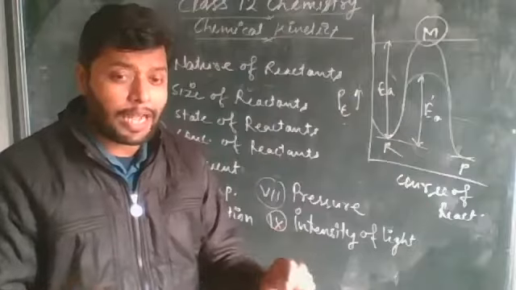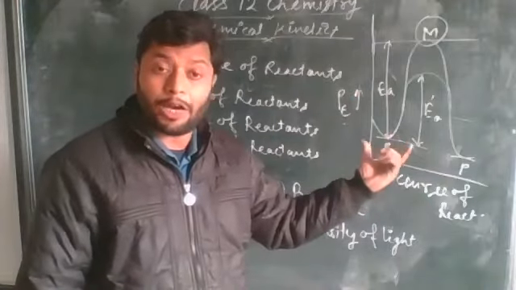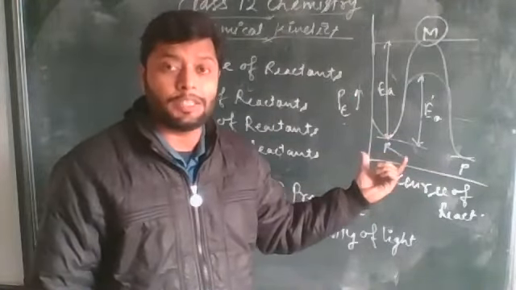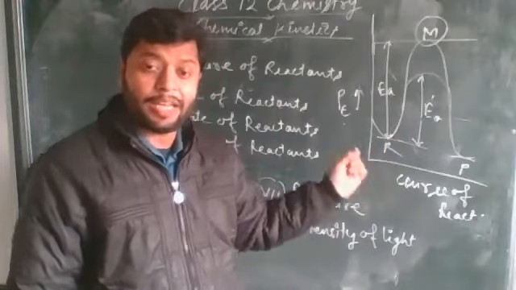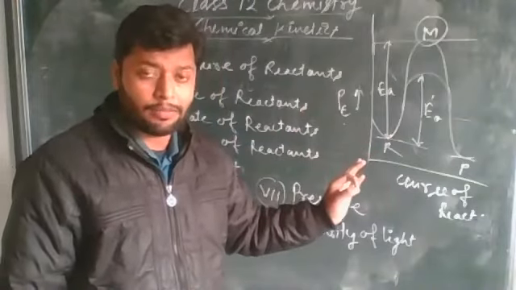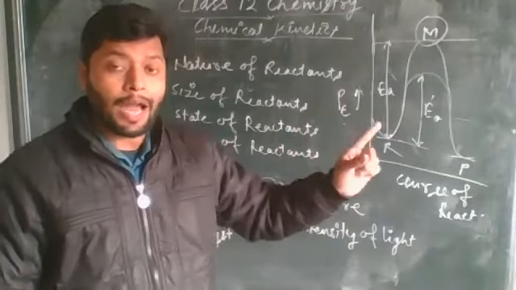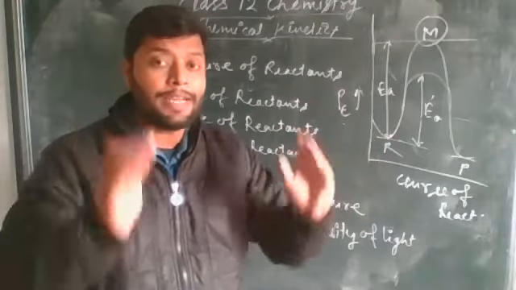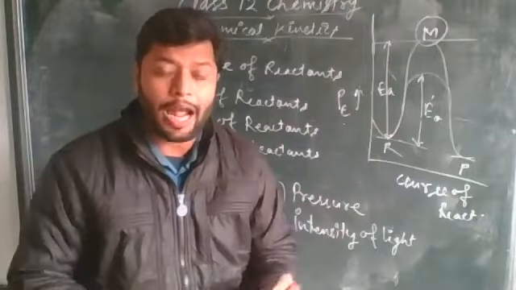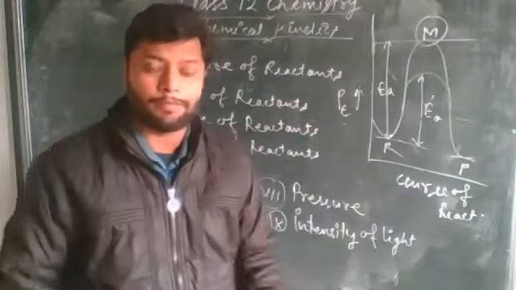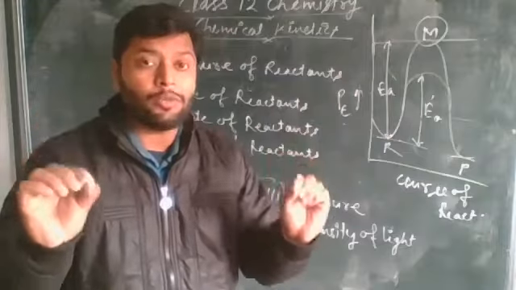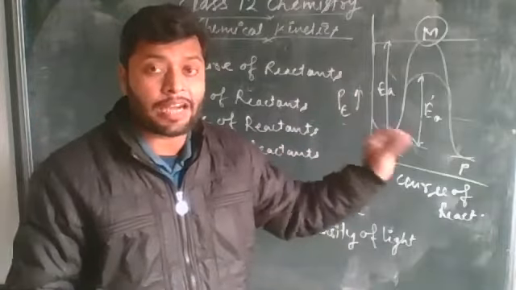You should learn that this happens without altering the equilibrium position. It means if an equilibrium reaction occurs, the rate of the forward reaction and the rate of the backward reaction both will increase to the same extent and the equilibrium will not be altered. The equilibrium position will not be altered by using the catalyst.